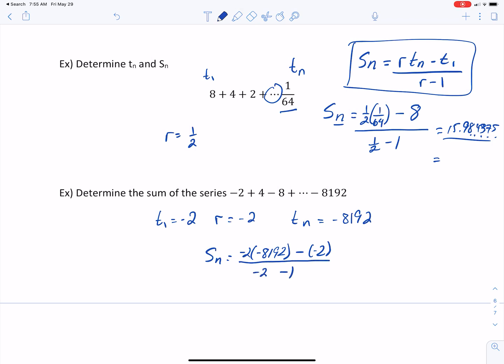So I'm going to put in 8,192 negative times negative 2 gives me 16,384. It's positive, and I'm going to add 2 to that. Remember, that's what this really means. And I'm going to divide that by my common ratio, negative 2, subtract 1, and that's going to give me negative 5,462. So I hope you found that as well.